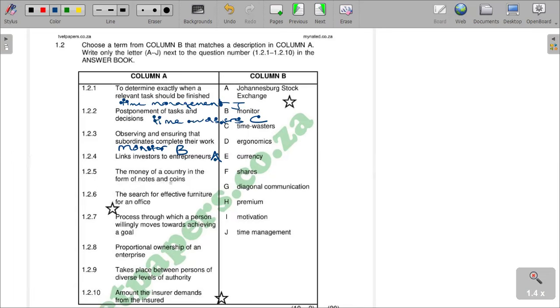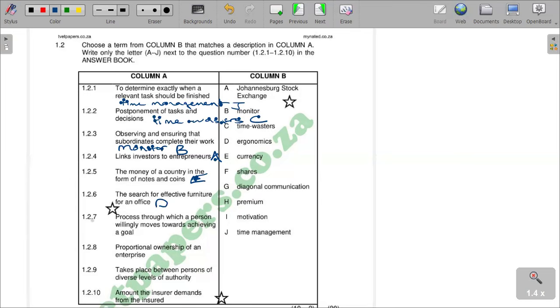That's what we call a currency, which is E. Let's move on to 1.26. The search for effective furniture for an office. That's what you call ergonomics, which is D.